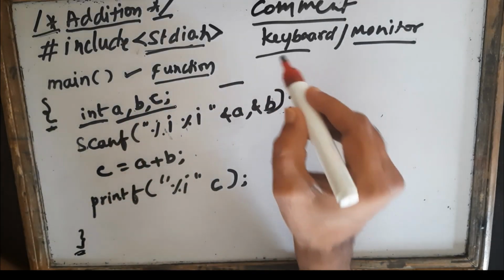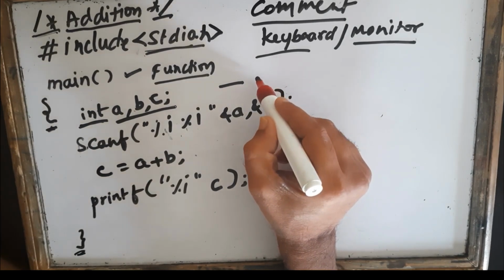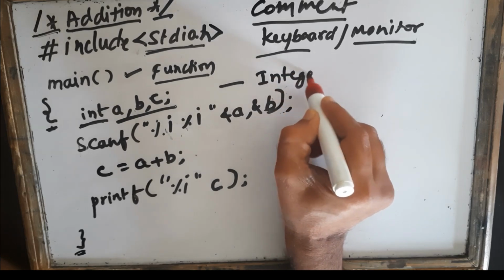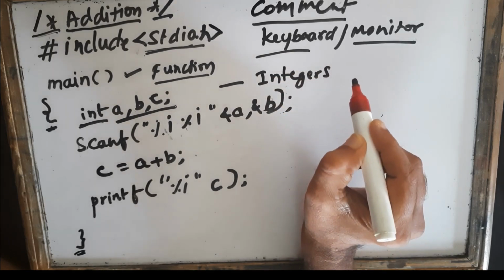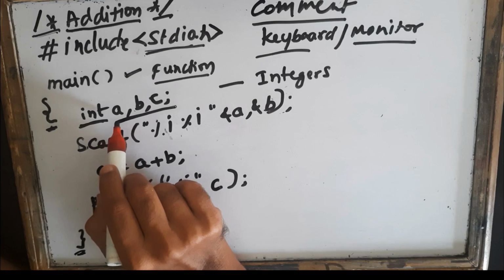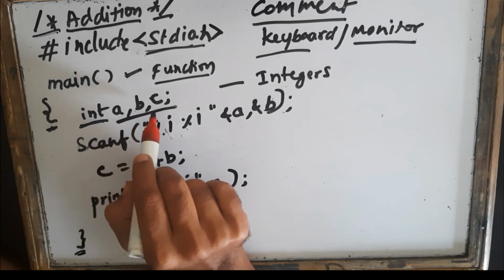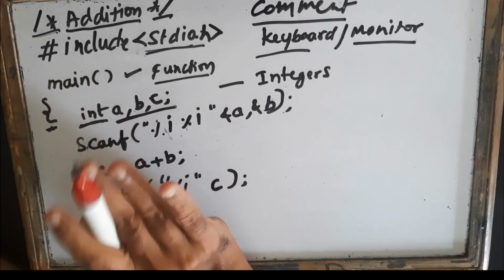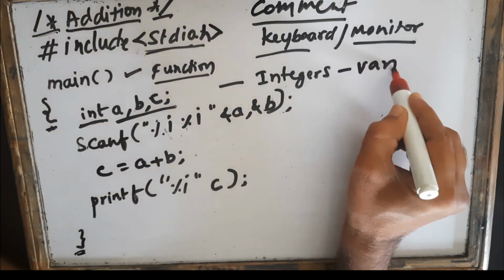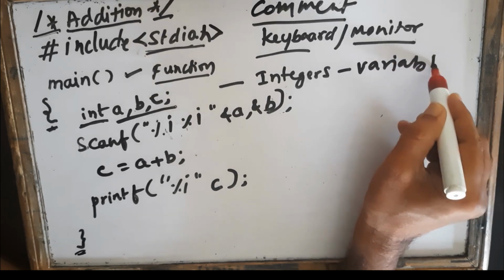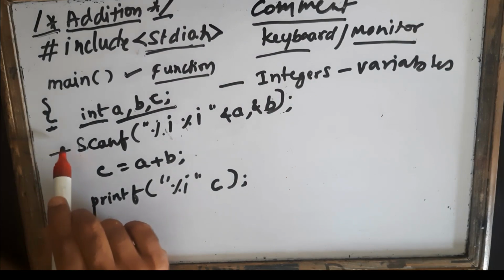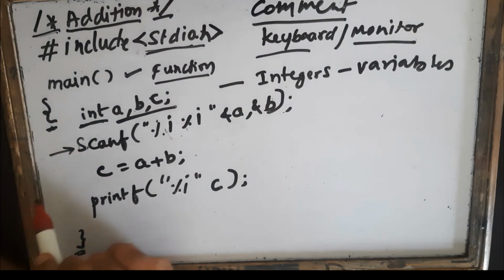So just for example, these are natural integers. So this will include a, b, c, three variables. Okay, three integer variables.